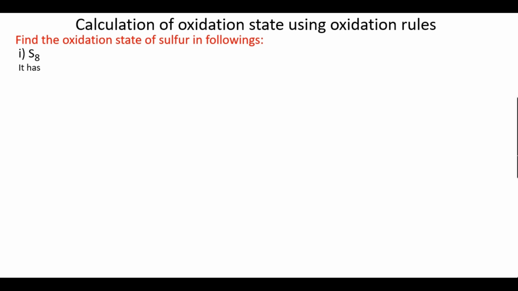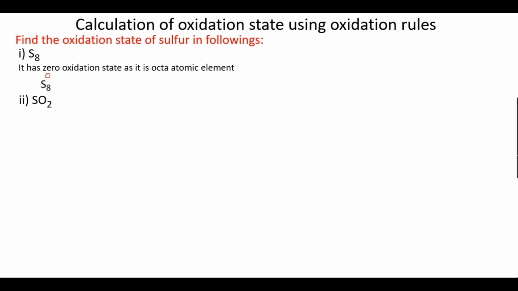So as it is an element, its oxidation state will be 0. So remember the logic of how we concluded that the oxidation state of sulfur is 0, which is why sulfur could be written as S or S8.